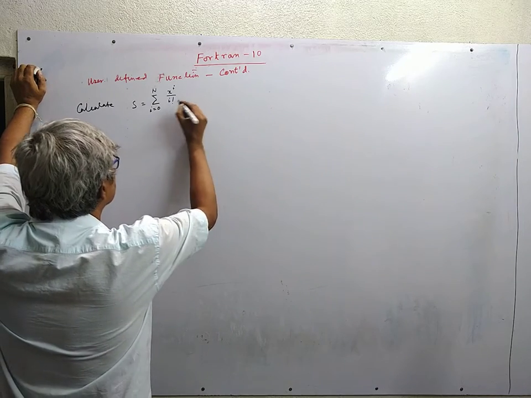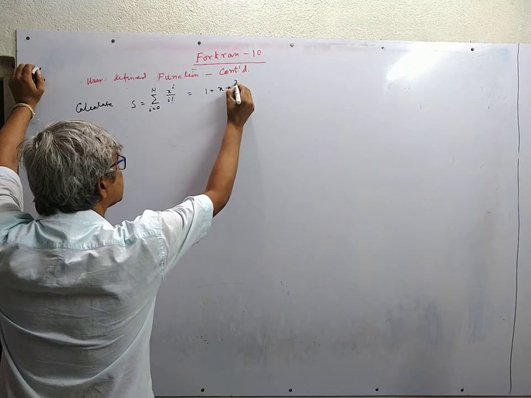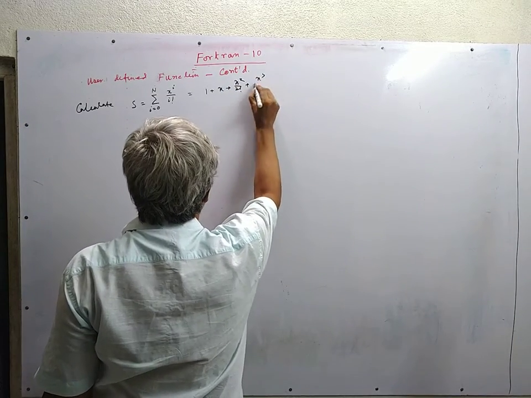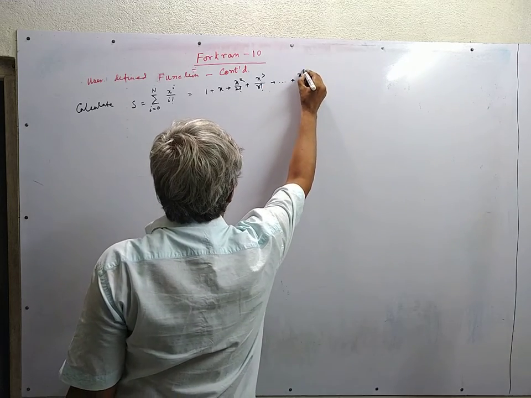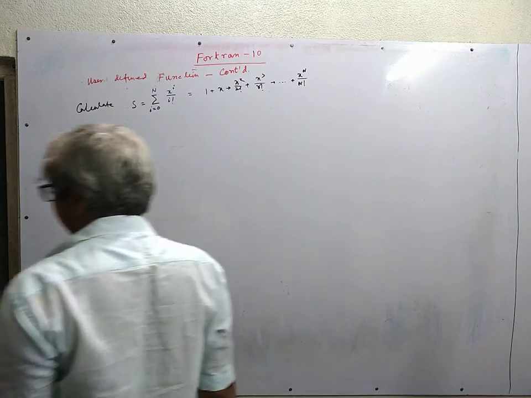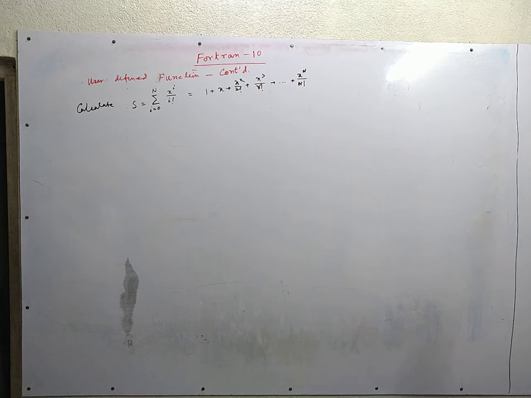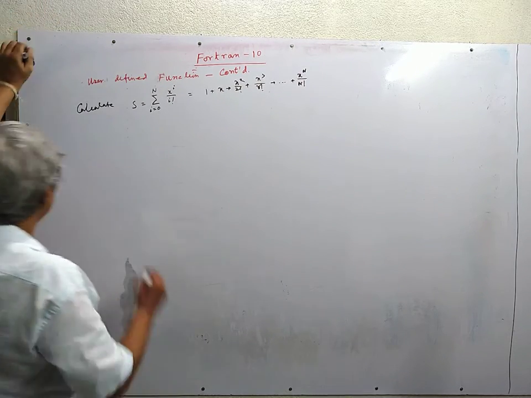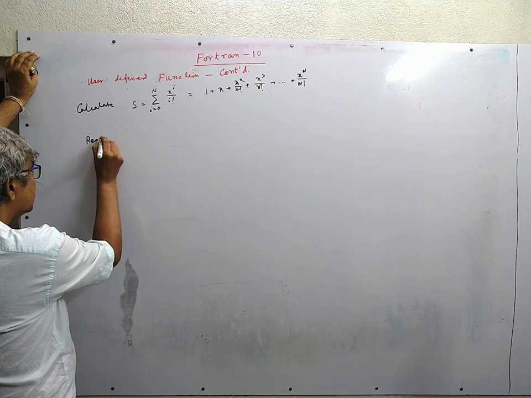That is, the series is basically 1 plus x by factorial 1 plus x square by factorial 2 plus x cube by factorial 3 up to x to the power n by factorial n. Now, the program needs to know only the value of x and the value of n. So the program first reads this.